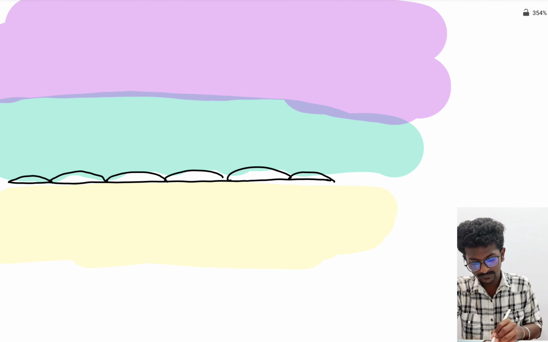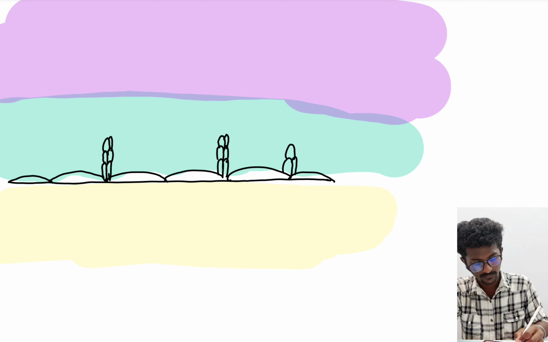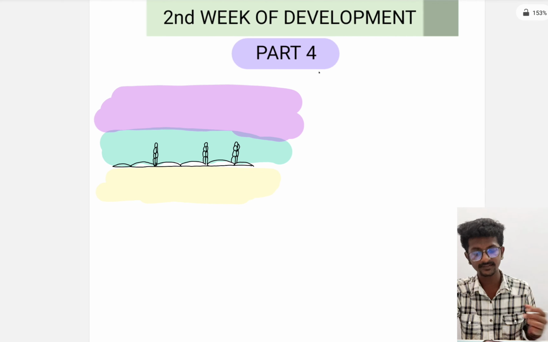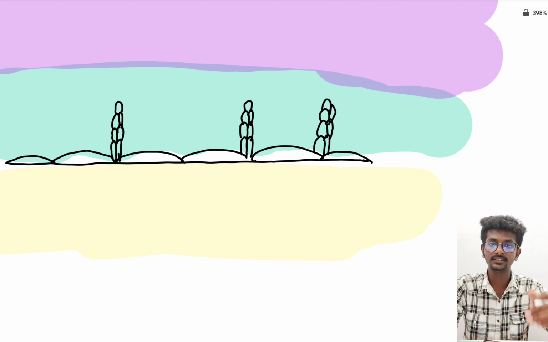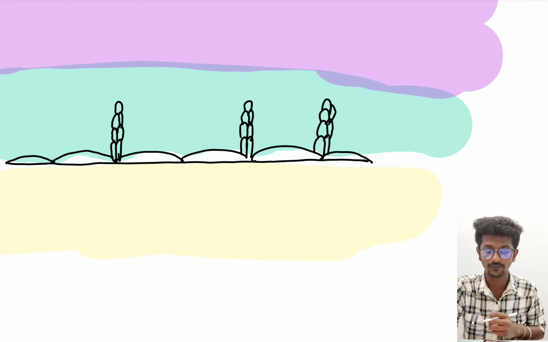The cytotrophoblast will start proliferating new cells inside the syncytial trophoblast, forming small finger-like projections inside it. These are the extensions of the cytotrophoblast which will be seen inside the syncytial trophoblast.